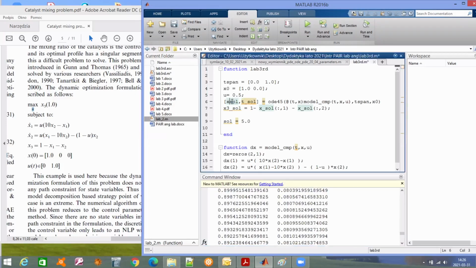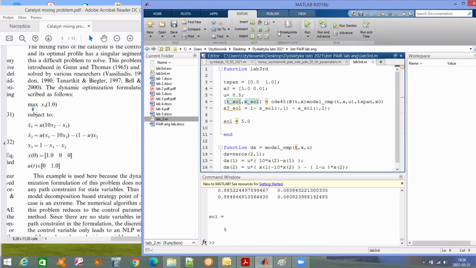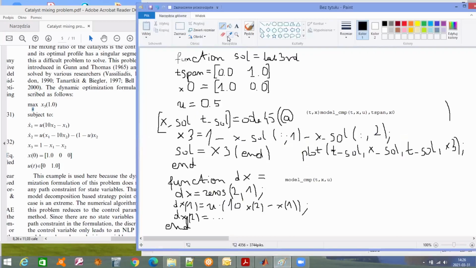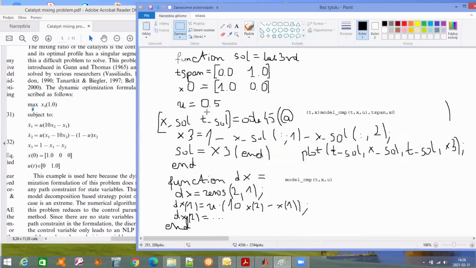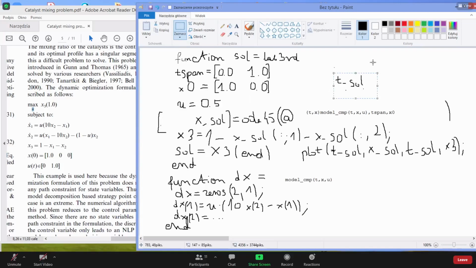Oh, it's wrong. No, it's good. So, firstly, we write at time and after time state variables. So it should be so.